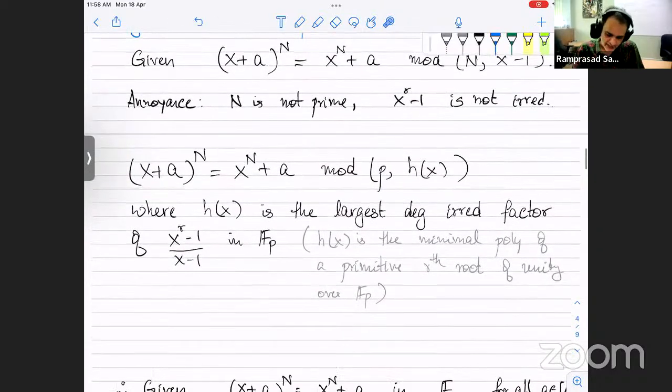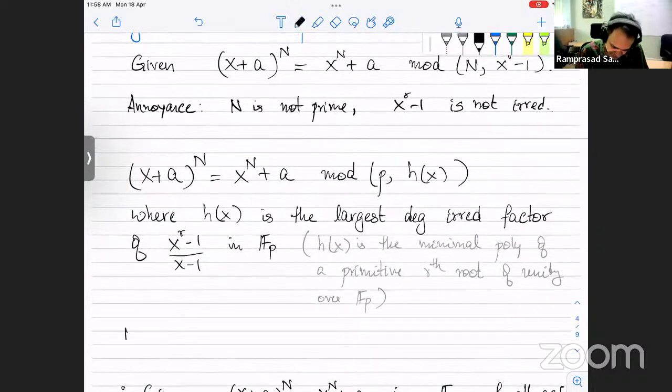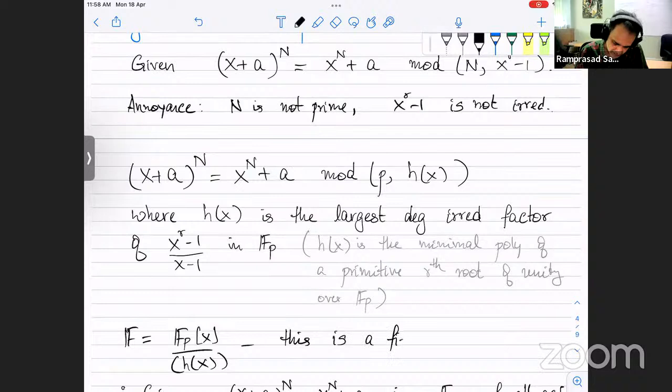Okay. And why am I doing this? The reason is that if I think of this object, which is Fp[x] quotiented by h of x, this is a field. That's the reason we are doing this, because we would like equations over fields, because at some point we're going to use the degree method.